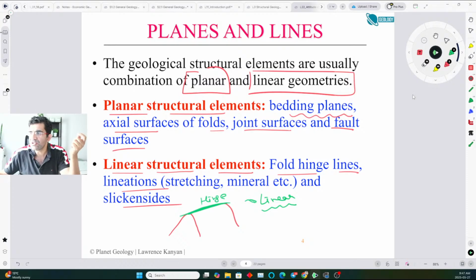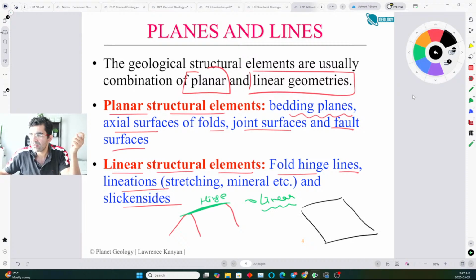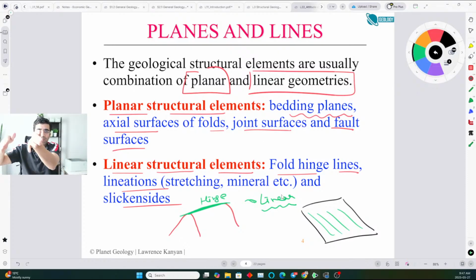Similarly, slickensides. Does anyone know what slickensides are? Those will be examples of linear structural elements. For example, if there is a fault plane and there is movement along that fault plane, you get these lines, so that is a linear element.